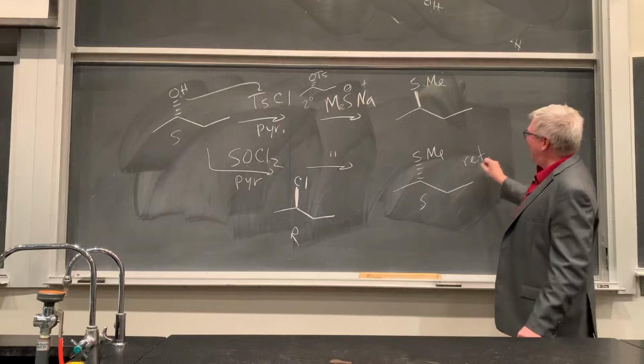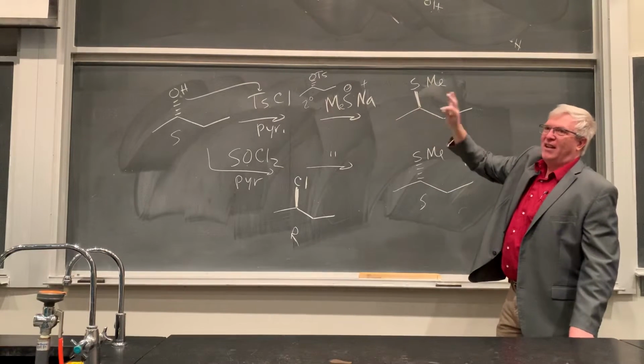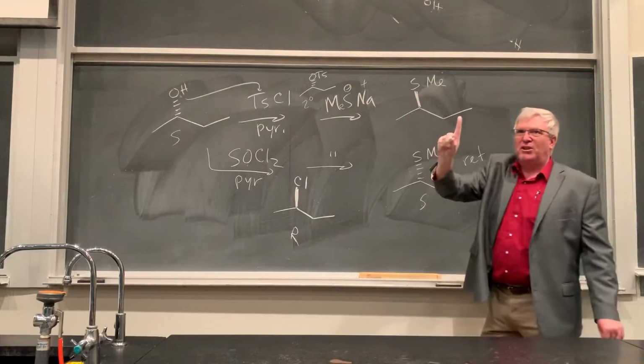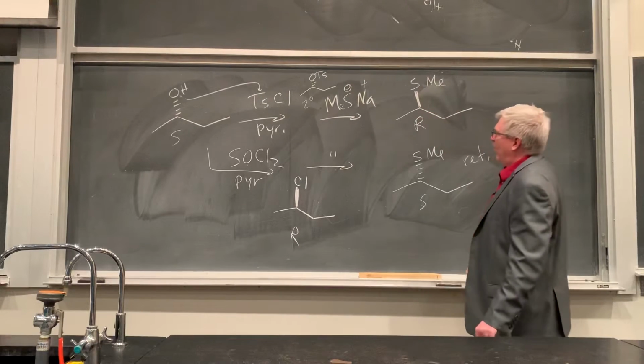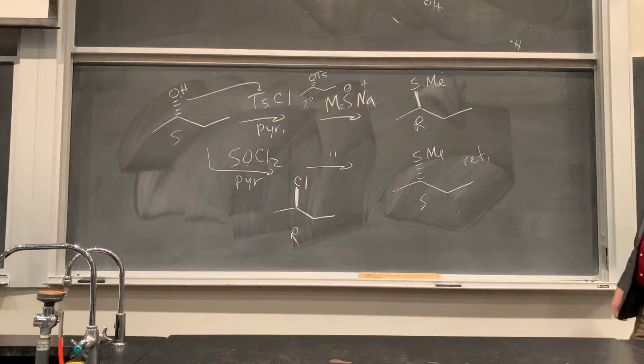It's retaining that stereochemistry here, because the tosylate formation retains the stereochemistry, and this one inverts it. One inversion gives an inverted stereochemistry to the R product. So this combines some of this reactivity from way back in chapter 9, in case you don't remember it, with these types of reactions.